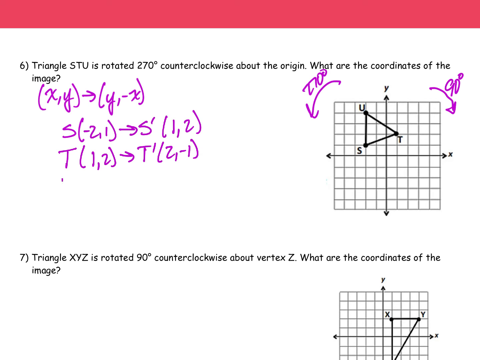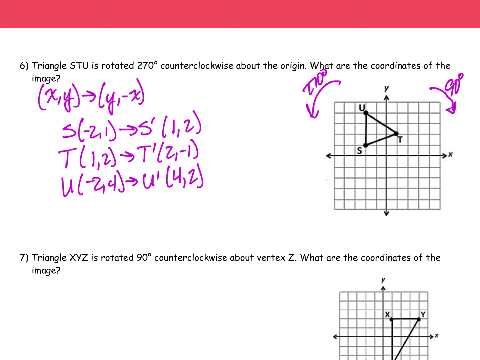Beautiful. And U is located at negative 2, 4. And so U prime is going to be located at 4, 2. Beautiful.